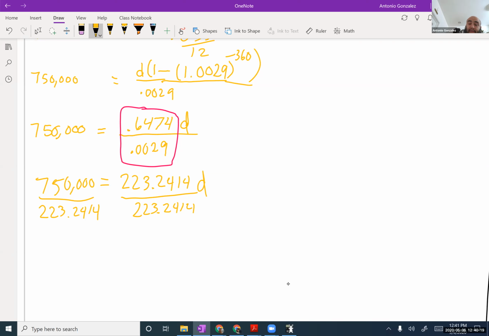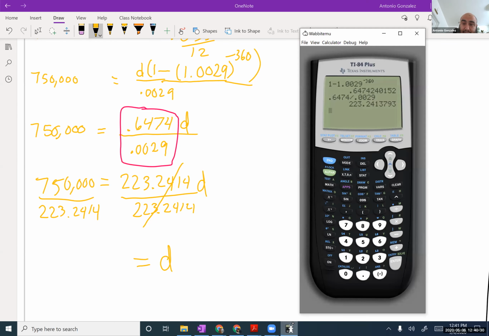All right, and bringing my calculator up here. So when I do that, this divides to 1. So on the right side, we get D. And then on the left side, 750 divided by 223.244.